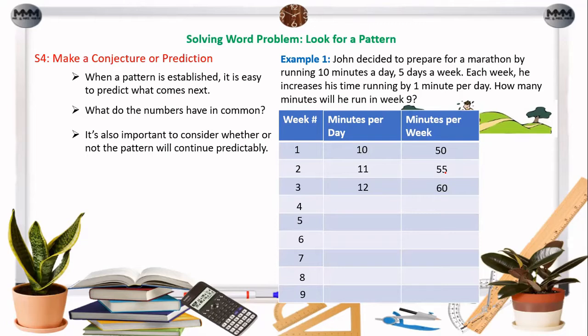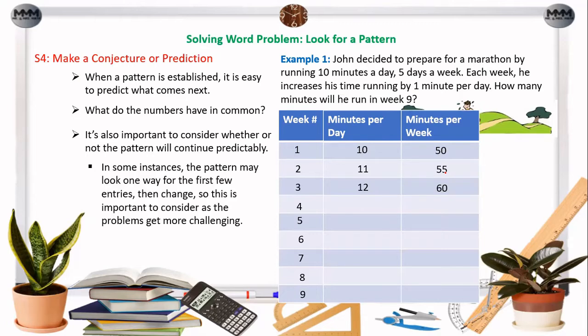It's also important to consider whether or not the pattern will continue predictably, because in some instances, the pattern may look one way for the first few entries, then change. So this is important to consider as the problems get more challenging. But here in our problem, the pattern will continue predictably.